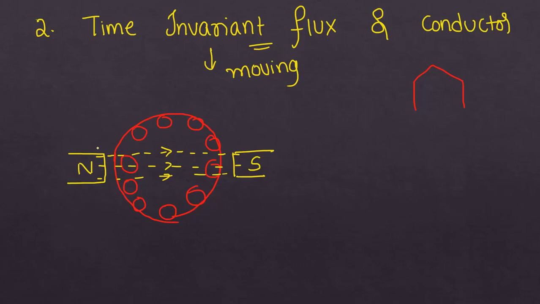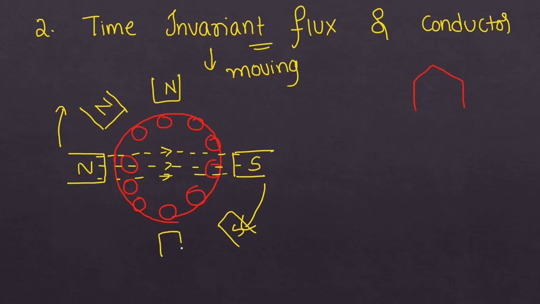Now if you observe, in this case time invariant flux is moving. Flux moving means the poles are moving. Let us suppose this is North Pole, this is South Pole. Next, this is North Pole, this is South Pole.